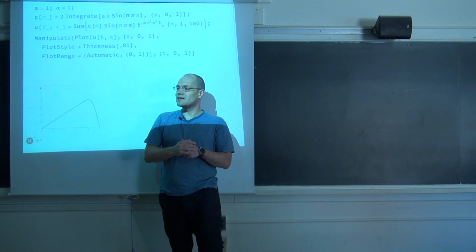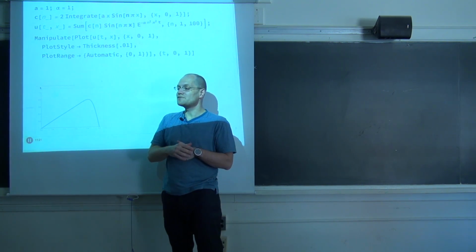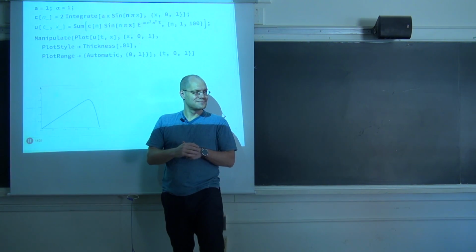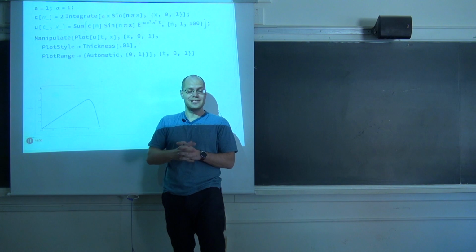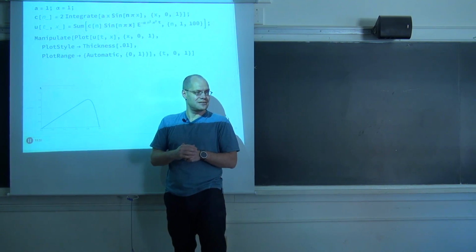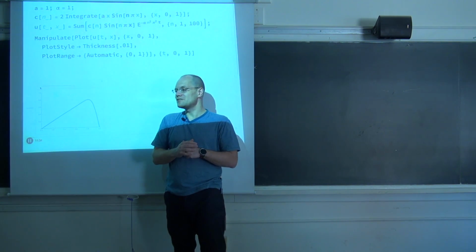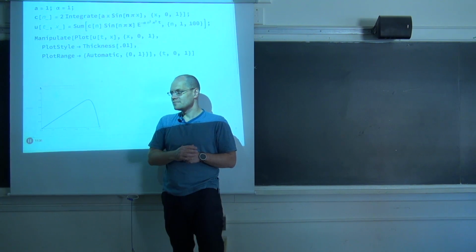And so the function becomes infinitely smooth, basically instantly, after one moment. For any non-zero t, we now have an exponential decay in coefficients. Instead of 1 over n, they're now decaying exponentially. And so by definition, there is no Gibbs phenomenon.